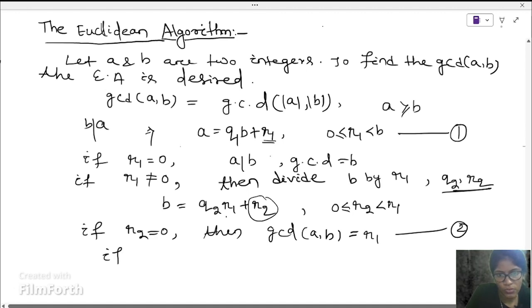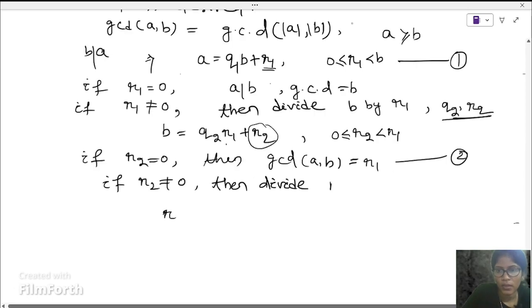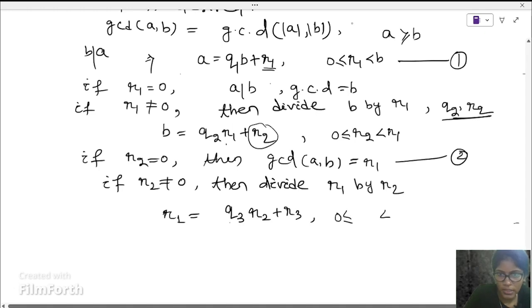If r2 is not equal to 0, then divide r1 by r2: r1 is equal to q3 r2 plus r3. Here q3 is the quotient, r2 our divisor and r3 our remainder. The same condition holds: r3 is less than r2. This is step 3.